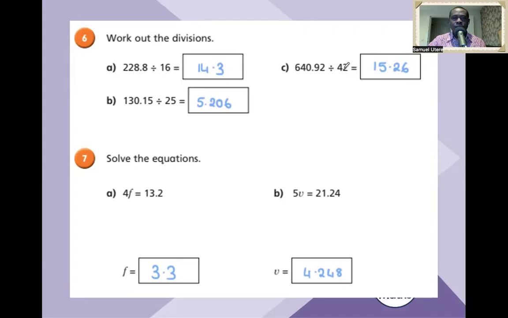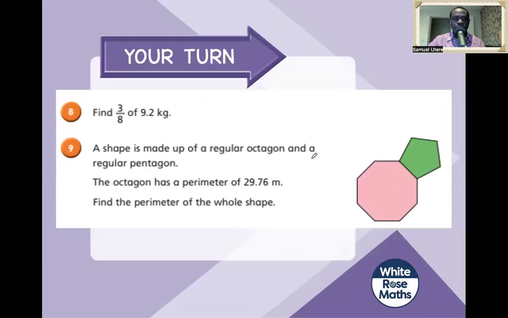This one you could divide by 7 and then divide by 6. And then this one you divide 13.2 by 4. This you divide 21.24 by 5. Pause the video and answer questions 7, 8, and 9 in 3 minutes.